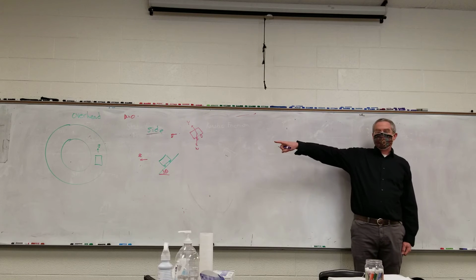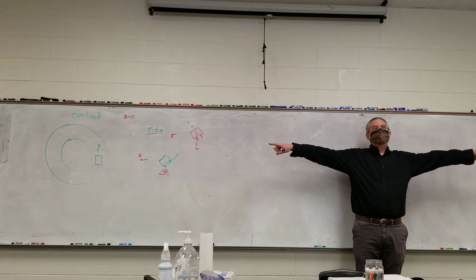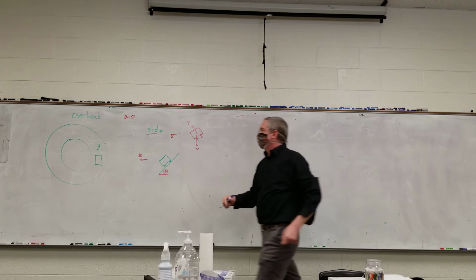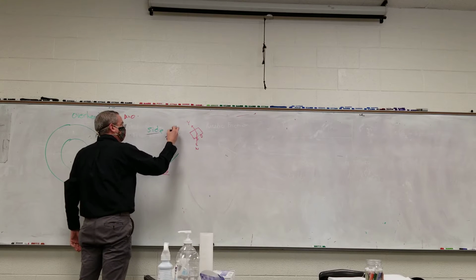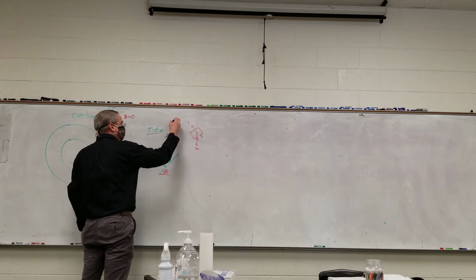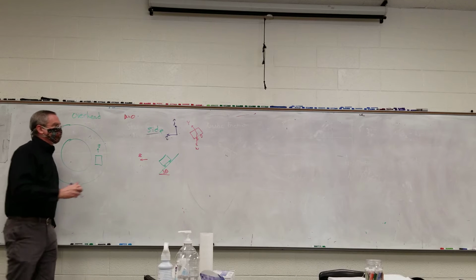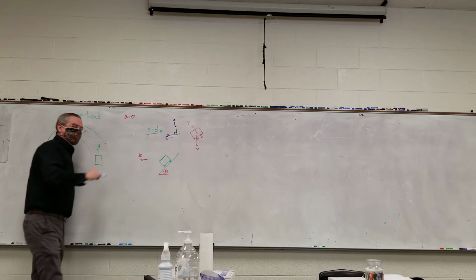Parallel would be that way. I'll put I hat, J hat. As such, they are perpendicular to each other. So therefore, what needs to be broken up?